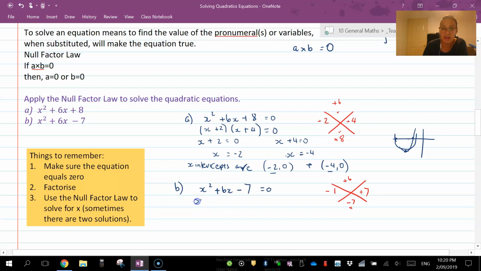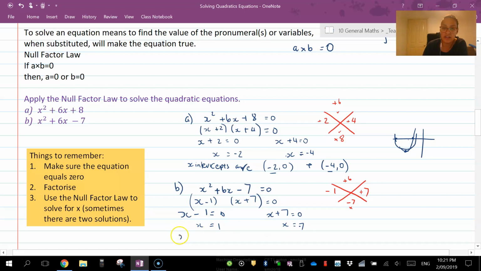So it's going to be x minus 1 and x plus 7 equals 0. Splitting them up, x minus 1 equals 0, so x becomes +1, and x plus 7 equals 0, so x becomes -7.